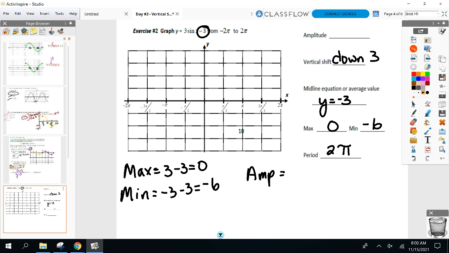Anybody find that one from Friday? Look back, because if you look back, you're going to remember it more than just copying it from the board. What was the amplitude formula we wrote down? 1/2 times max value minus min value. Yep.